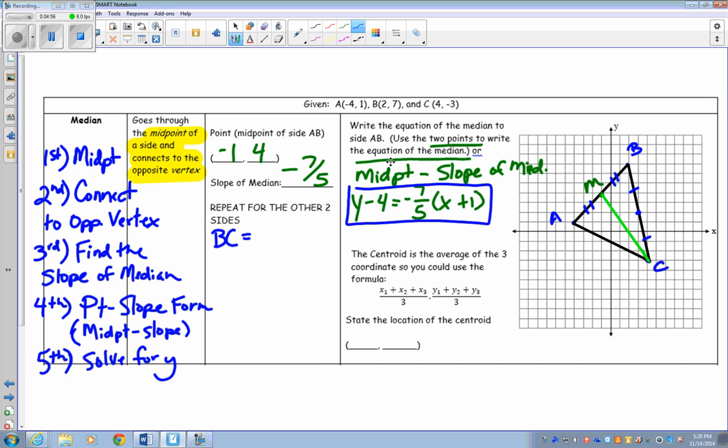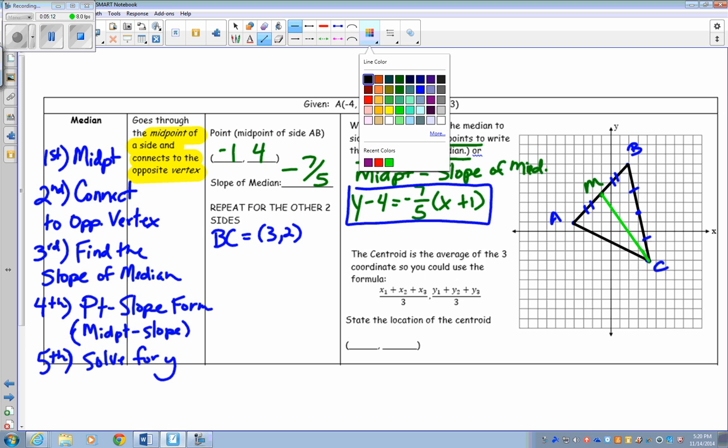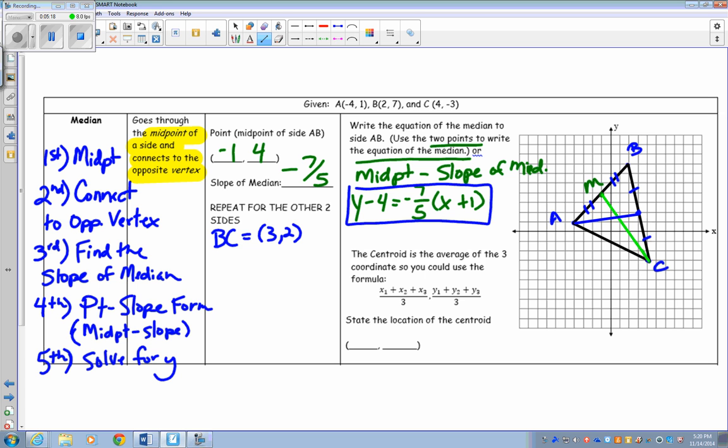Apologize for that. So the midpoint of BC is at 3, 2. Then I would create my median by connecting that midpoint to its opposite vertex, which would be A.